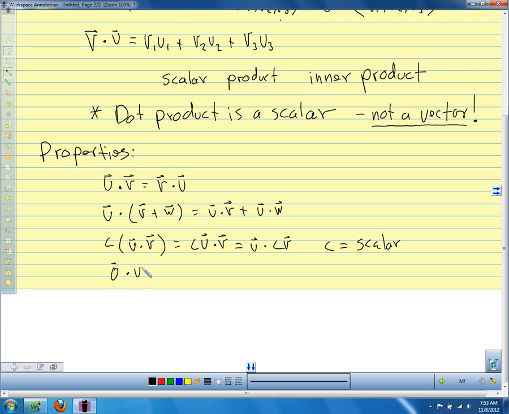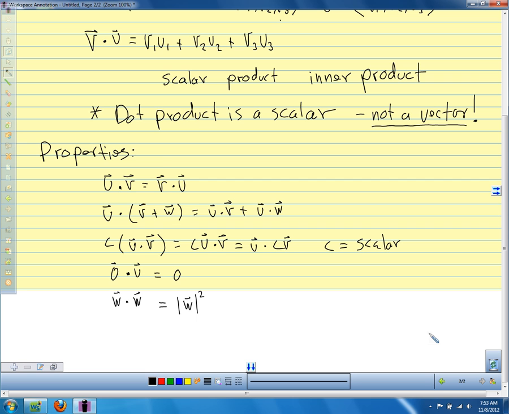The zero vector dot product with any vector is 0. And this last one is important: W dot W is the magnitude of W squared. These properties will be useful when we're trying to figure things out using the dot product.